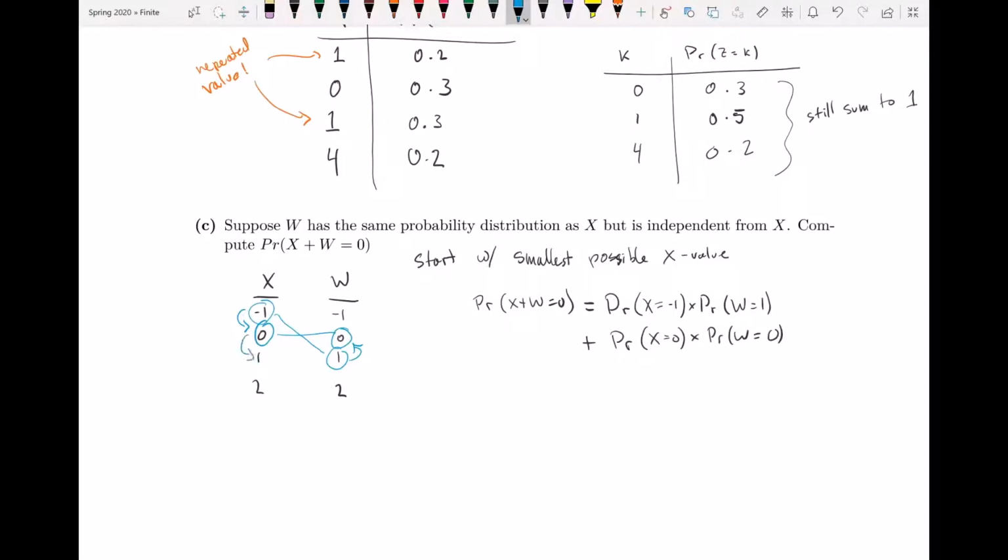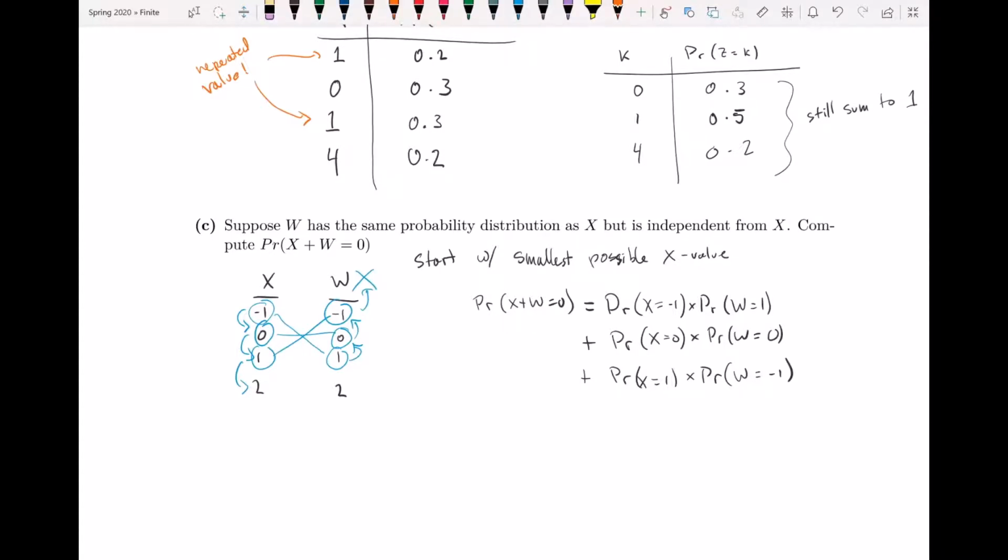Okay, and then I do this again. I increment one and decrement the other, and in this way I maintain the same sum. So this is plus the probability that x equals 1 times the probability that w equals -1. Now I would like to keep going. I can increment x again, but I can't increment w because it falls off the edge.